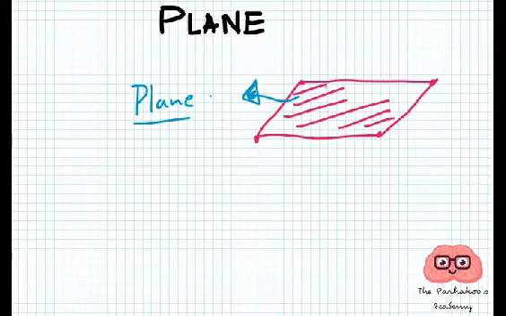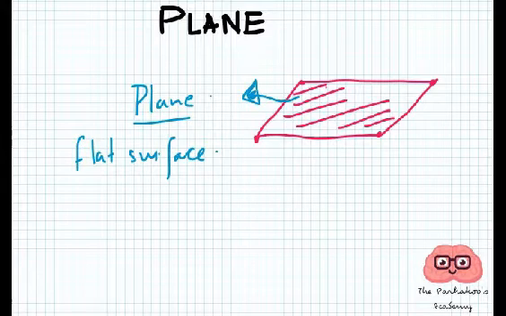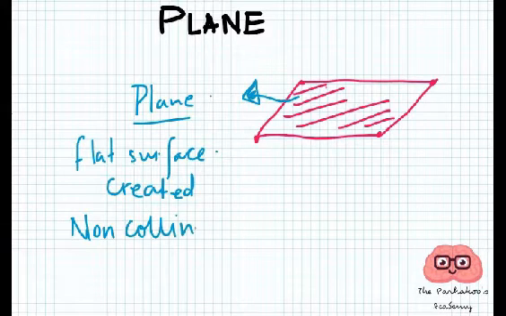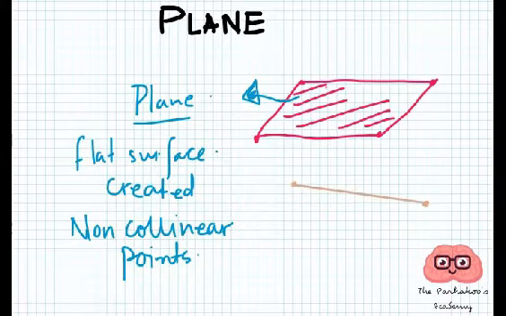So a plane is a flat surface which is basically created by different non-collinear points. If we have 2 points, let's suppose, then these 2 points generate a line.